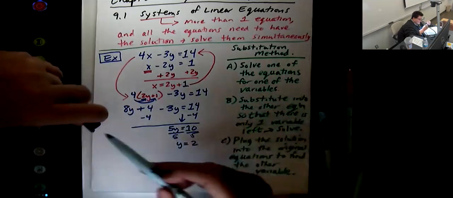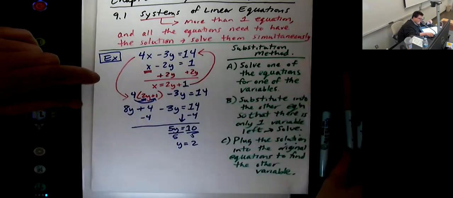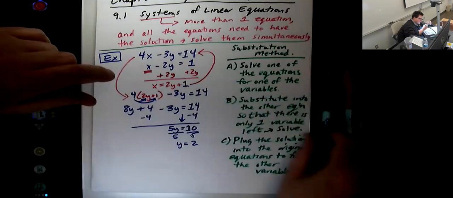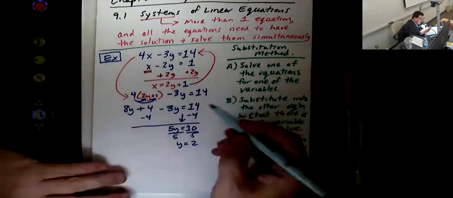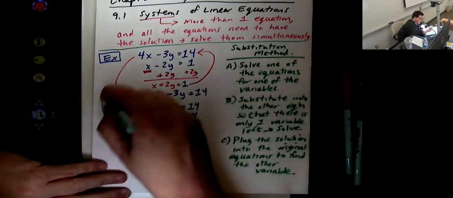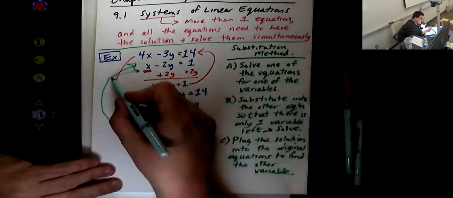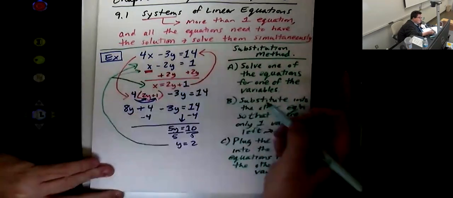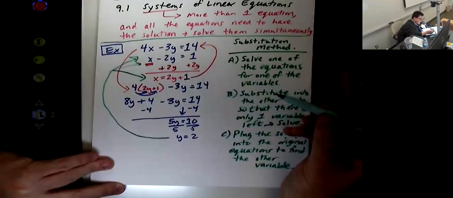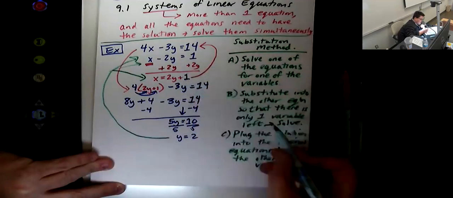You should take this and plug it into one of the original equations, but sometimes it's easier to go to a later one. Alternatively, we can try this one. This one's the easiest one to find x because it's already solved.